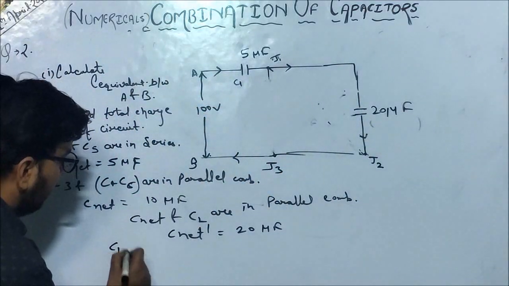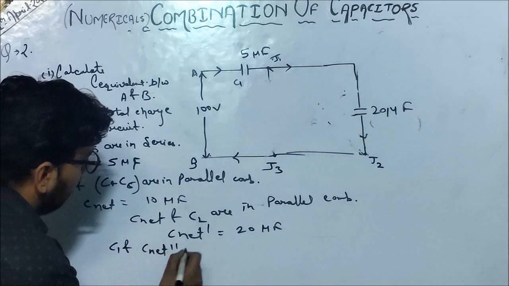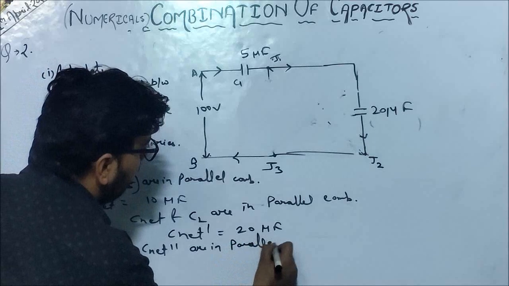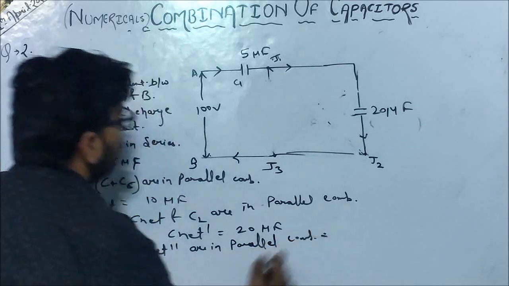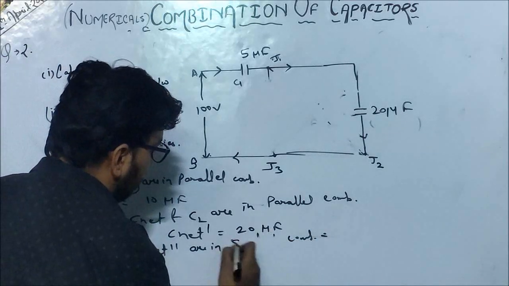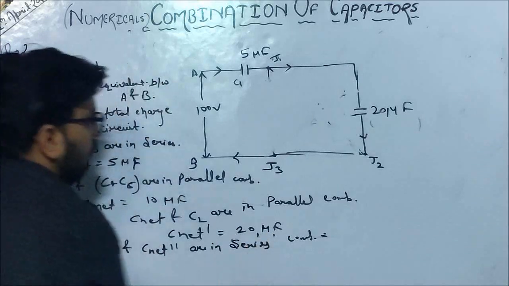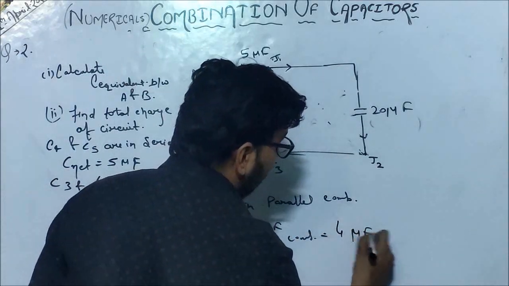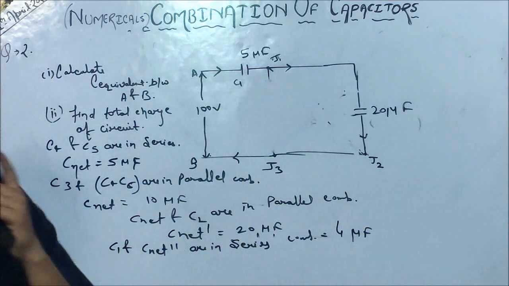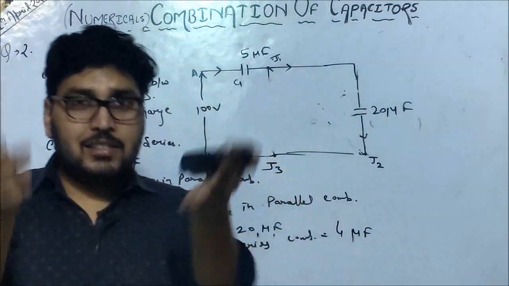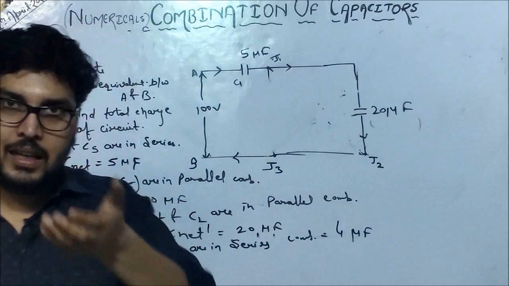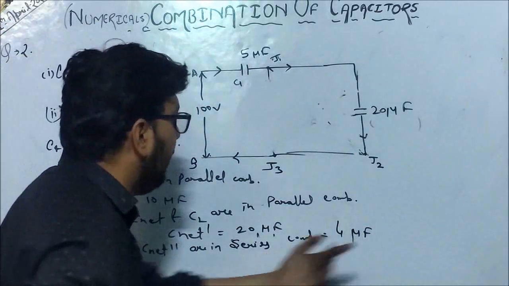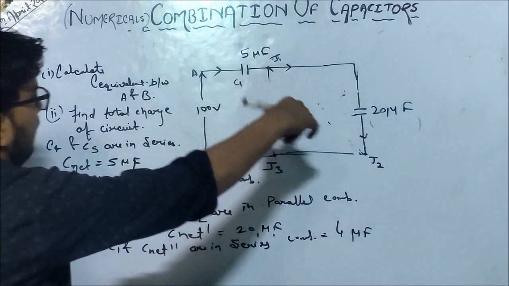So C1 and C net double dash are in series combination. So we will have the answer, that is 4 microfarad. You have to solve it and show it in your notebook, either in the classwork notebook or in the examination answer sheet. This is the equivalent capacitance of this circuit.